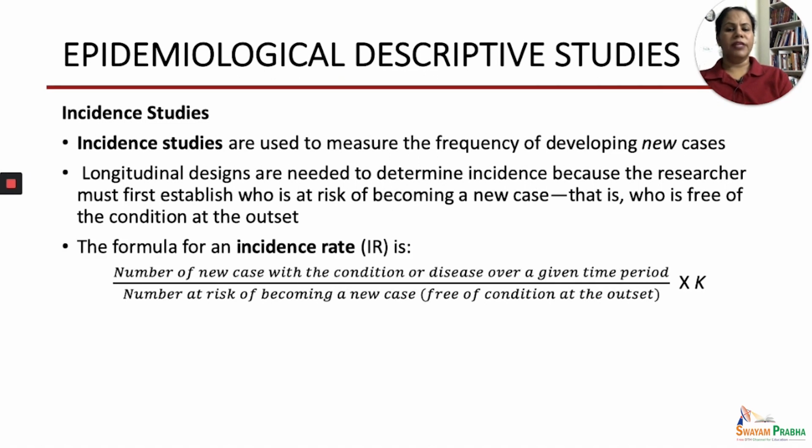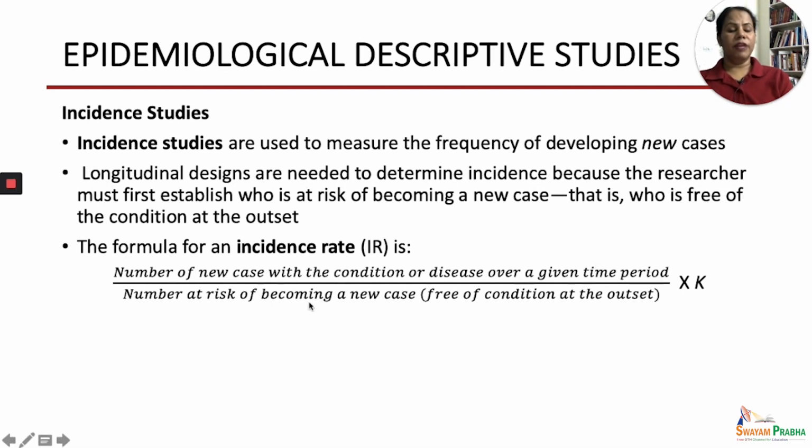The formula for an incidence rate is number of new cases with the condition or disease over a given time period divided by number at risk of becoming a new case, that is free from the condition at the outset, into K. Here you need to remember that we have to study how many new cases of the condition over a given time period. This given time period can be 1 year, 5 years, or 10 years.